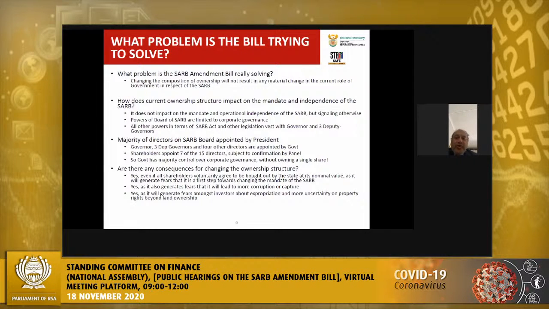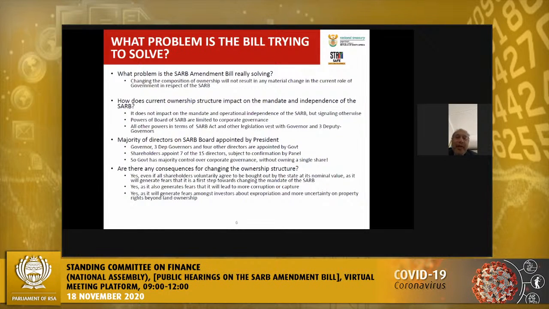So will there be any consequences for changing the ownership structure? Yes. Even if all shareholders were to voluntarily agree to be paid out at whatever nominal value that's offered, it will still generate fears that this will be a first step towards changing the mandate of the SARB. You only have to hear what people are saying. It just has to be a perception.